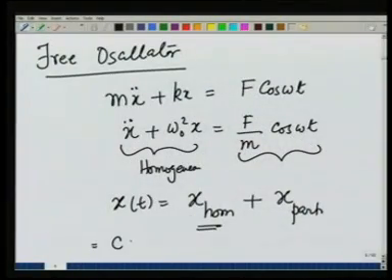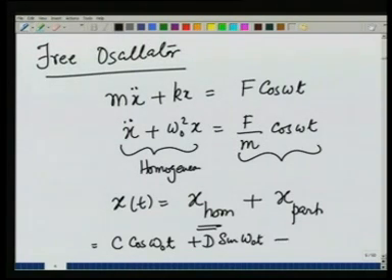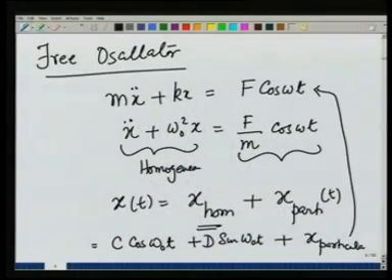So, this I can write as c cosine of omega 0 t plus d sine of omega 0 t plus x particular. The particular part of the solution depends on the driving term, and we want to find that. You see, this homogeneous part has two constants c and d, which will depend on the initial conditions.